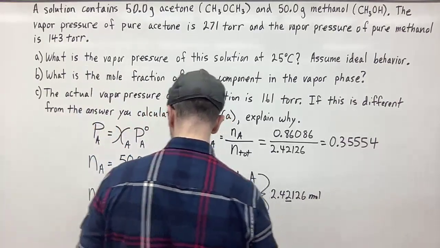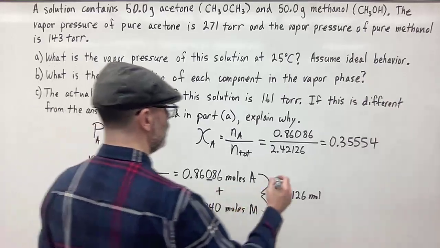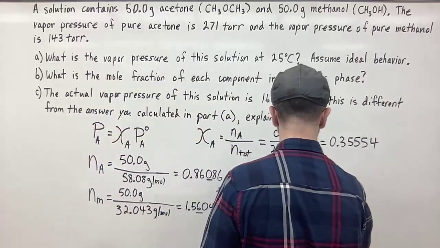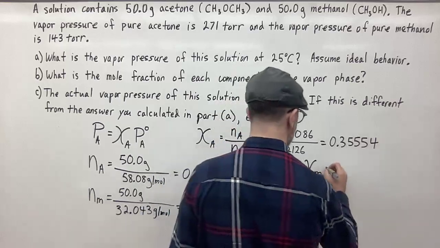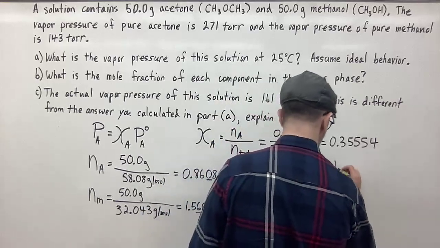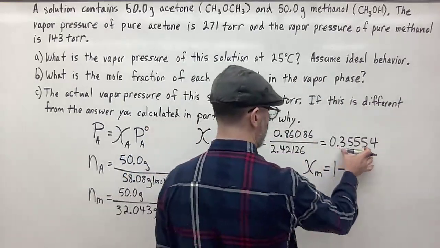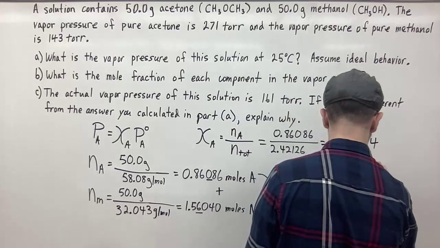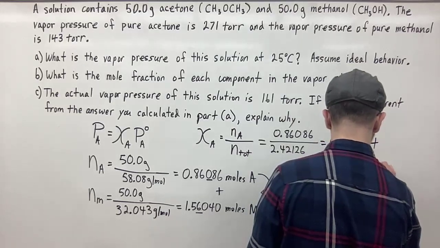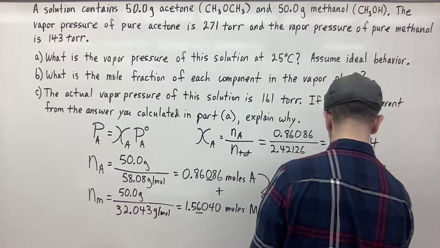Okay, so now to find the mole fraction of methanol, I'm going to take 1 and subtract out the mole fraction of the acetone, 0.35554.